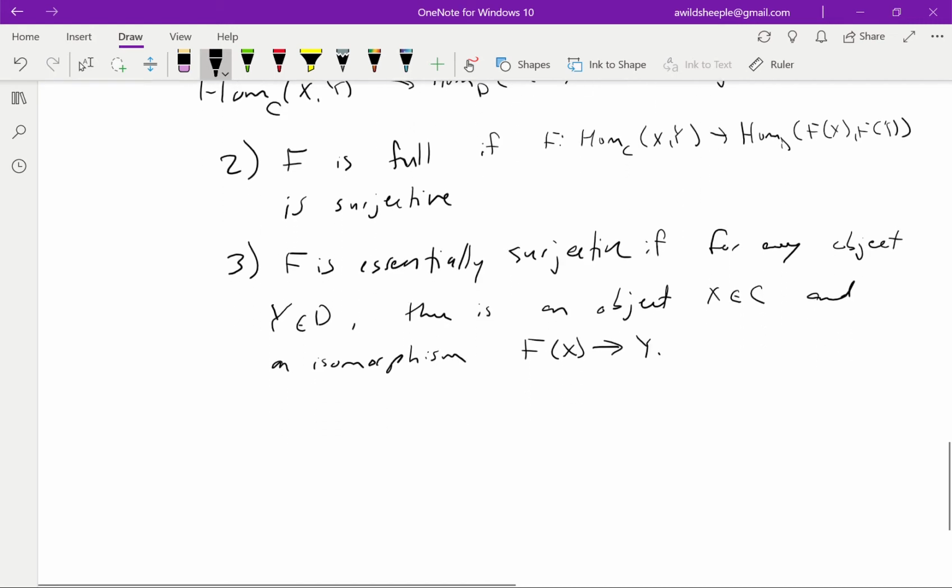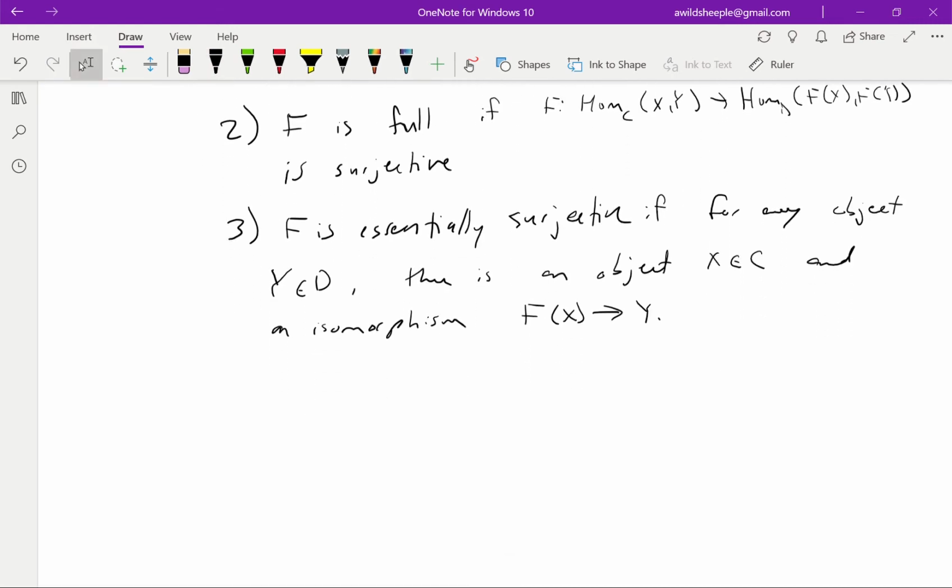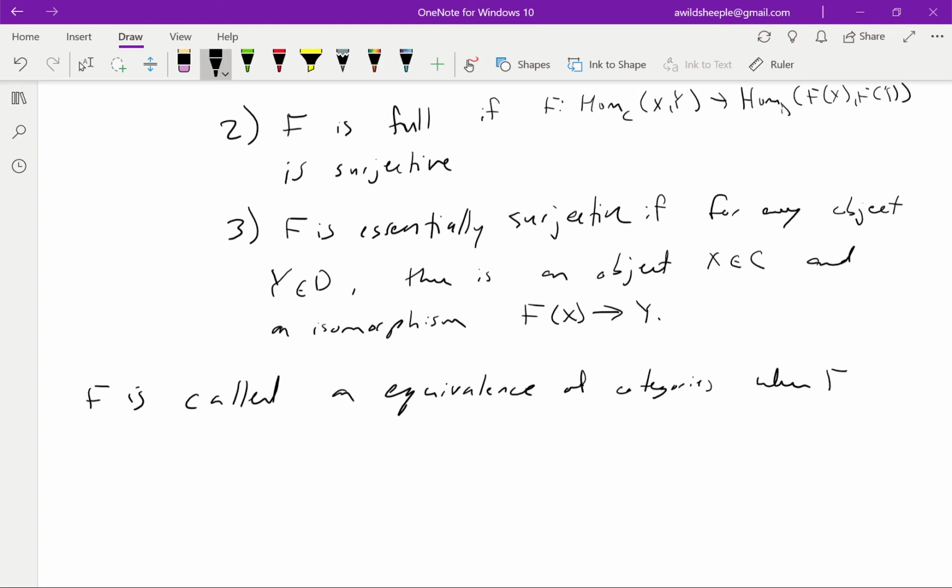And so putting all this together, we're going to define F to be called an equivalence of categories when F satisfies 1 through 3.